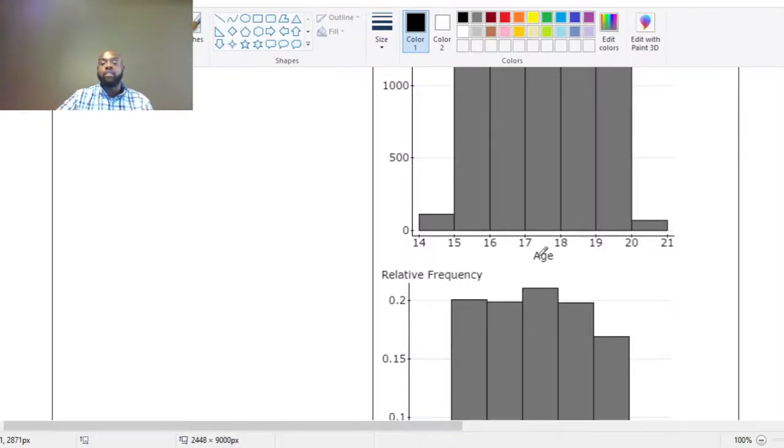So age as a variable represents the amount of time you've been living. We usually put it in years, but it is a continuous variable. So we don't want spaces because they are possible. Someone can be any value in between these actual values or these numbers that are labeled here.